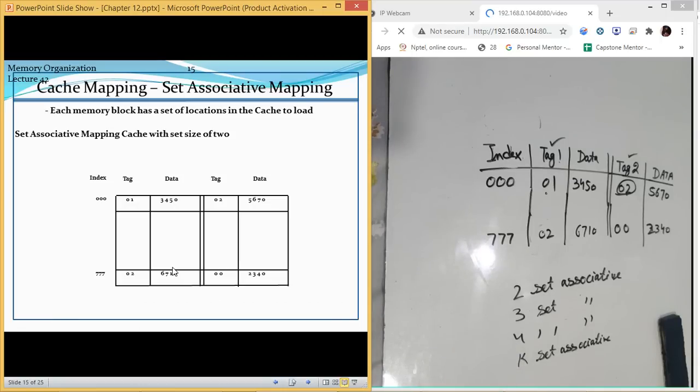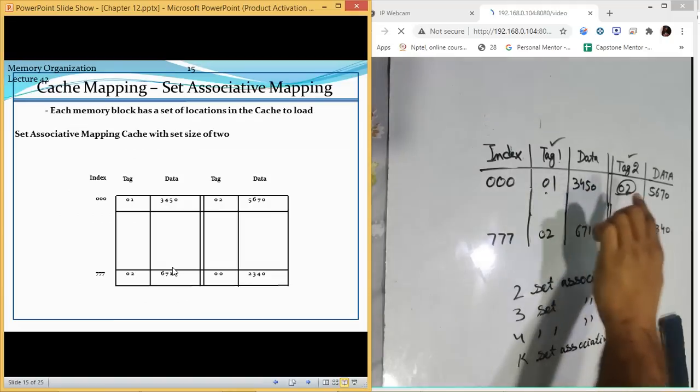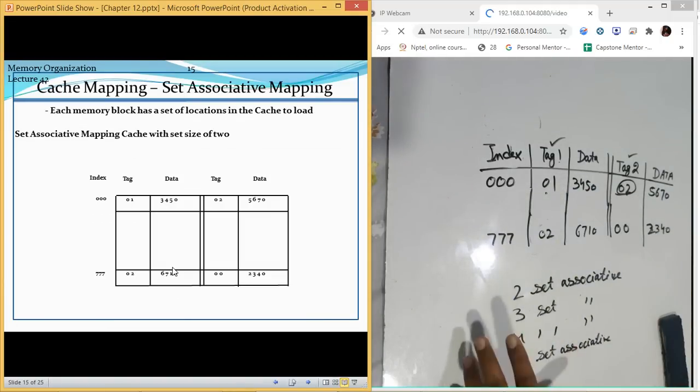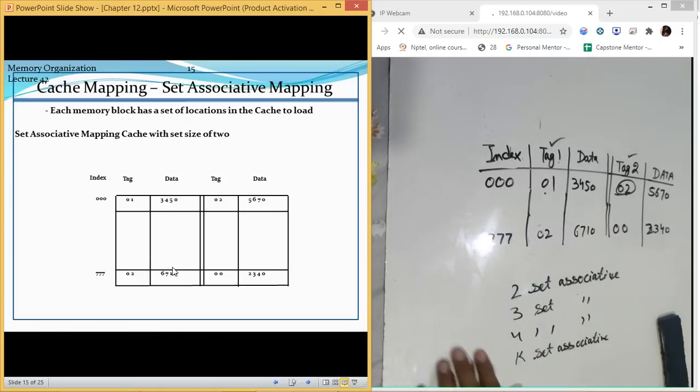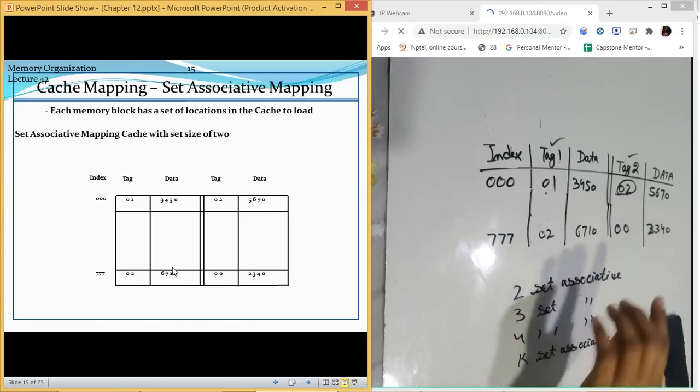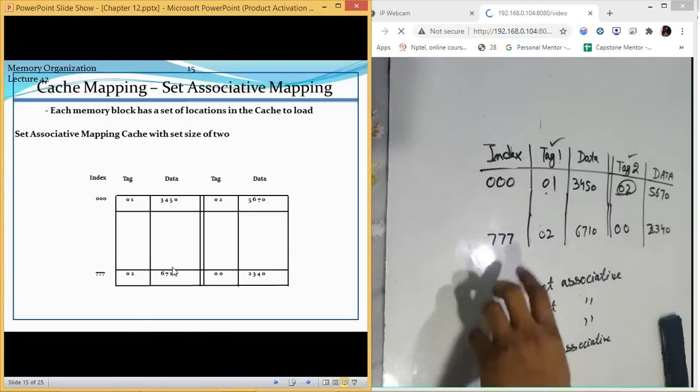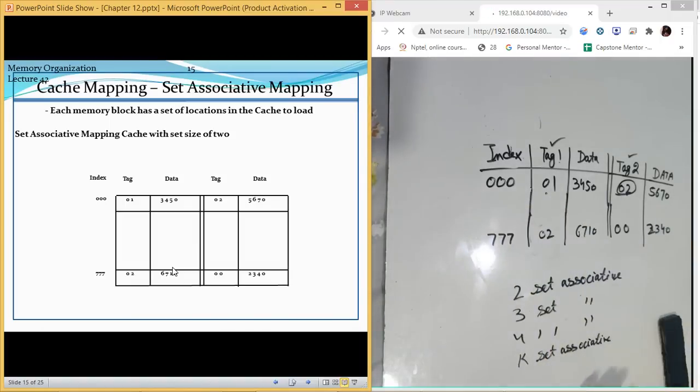But there is always a trade-off. Now, what is that trade-off? If we are increasing the number of tags, we need to have a complex matching formula for that. We need to have a complex method to compare these tags.